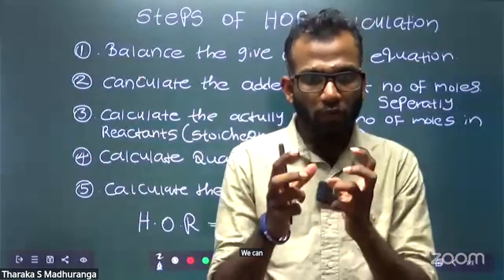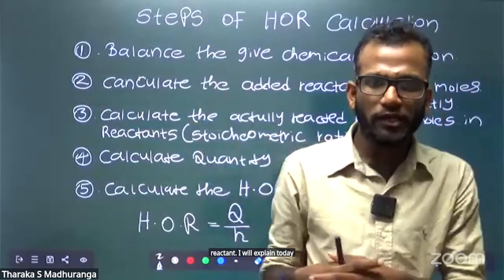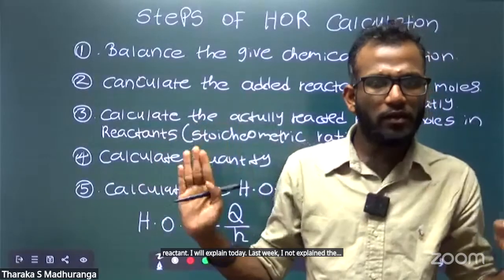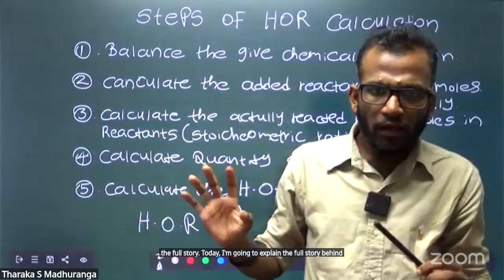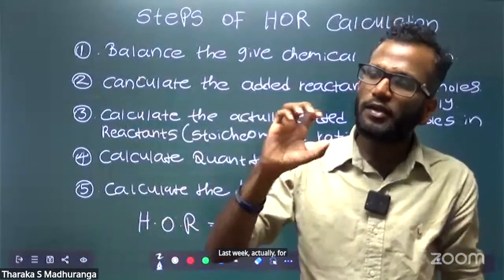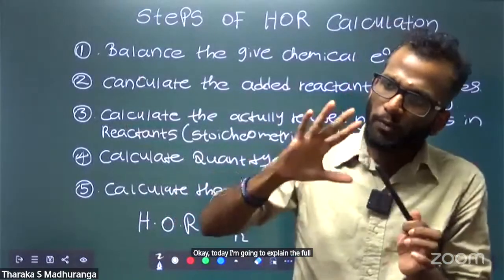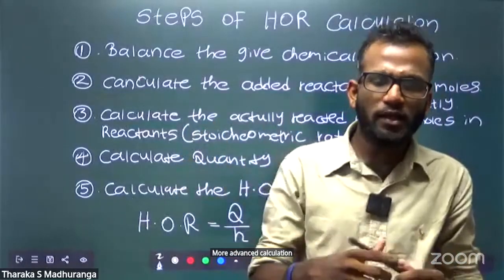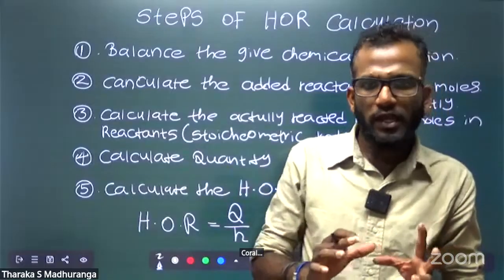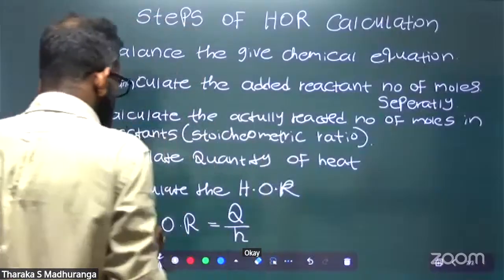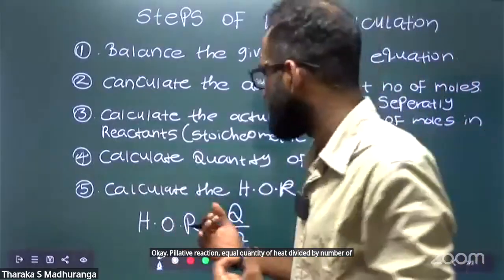We can find the heat of reaction for each reactant. I will explain today. Last week I did not explain the full story. Today I am going to explain the full story behind last week, with a brief introduction for understanding. Today I will explain the full heat of reaction, a more advanced calculation done by a normal A-level chemistry student. Heat of reaction equals quantity of heat divided by number of reacted moles.